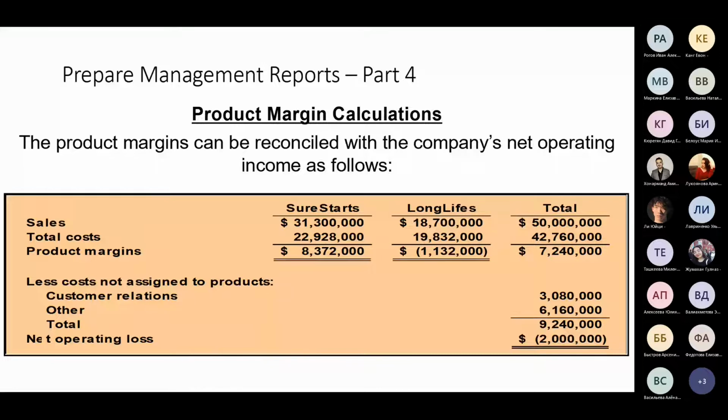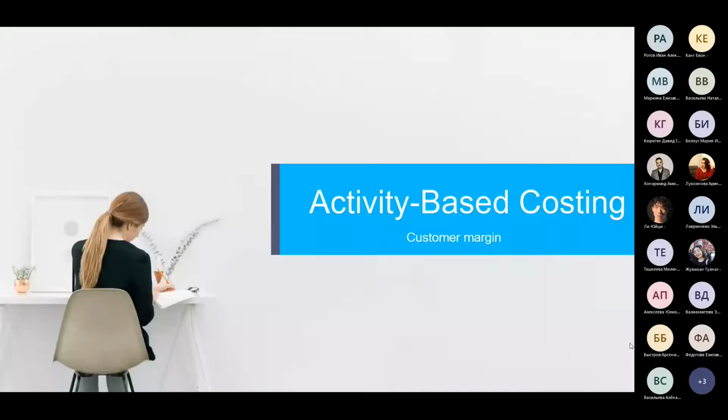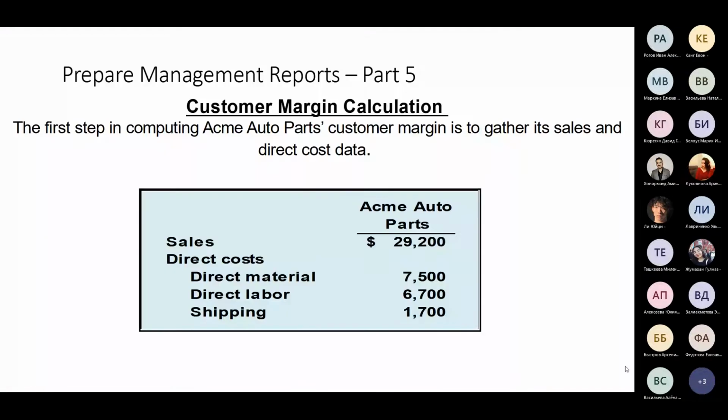When we speak about customer margins, it's also very important to calculate the result of relationships with the particular client in order to understand the profitability of operations with a particular client. Let's see this example. The first step is to gather sales and direct cost data by customers.